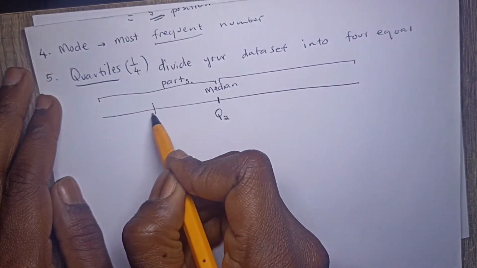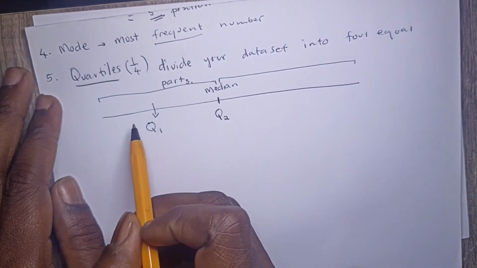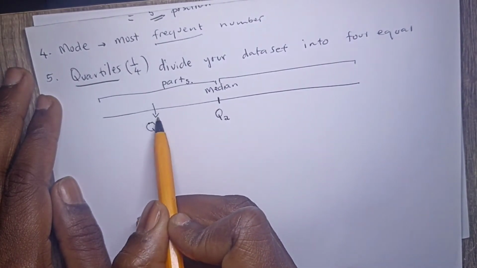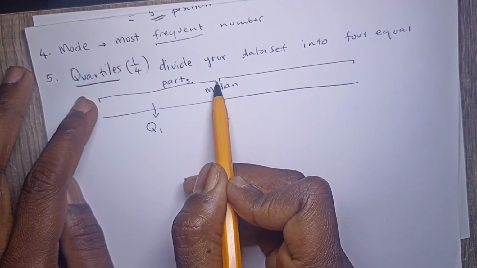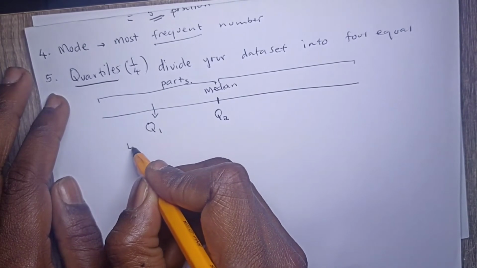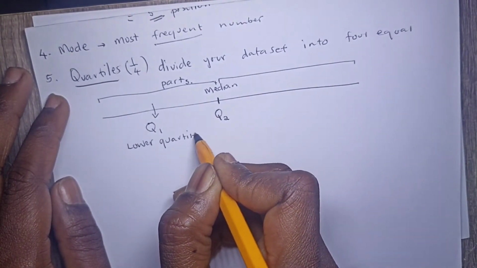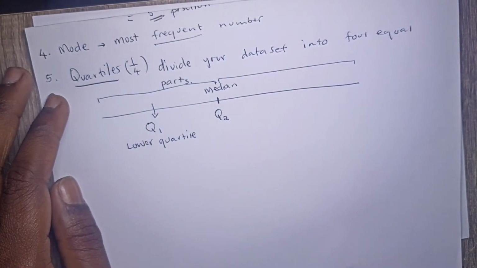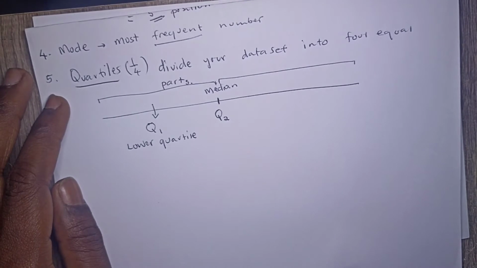Now, when we calculate your quartiles, we're going to calculate the middle. Q1 is the middle term of the first half. We call it the lower quartile. Q1 is the lower quartile.